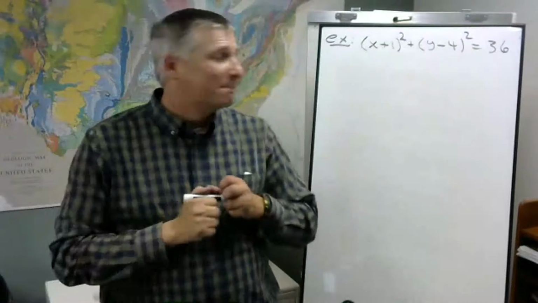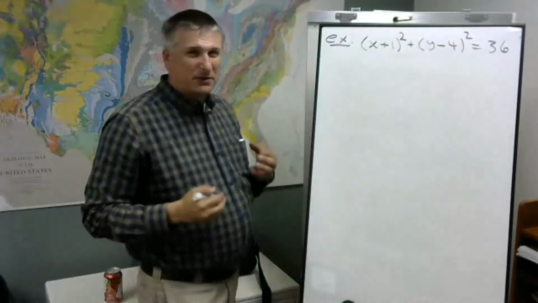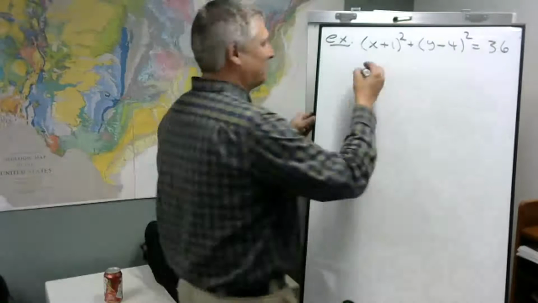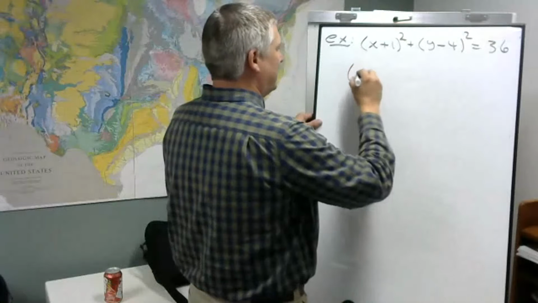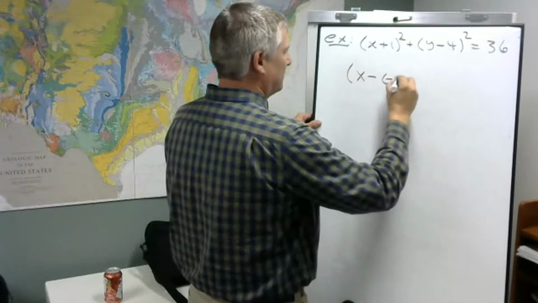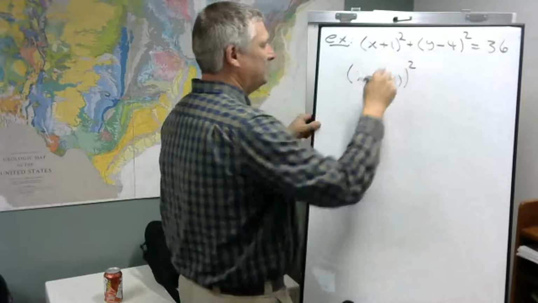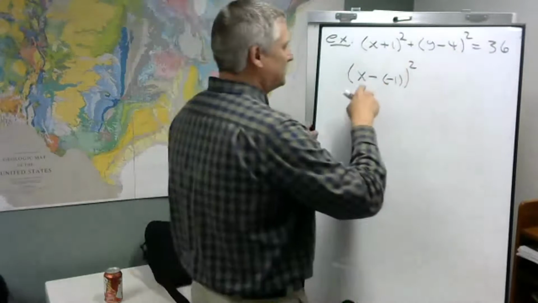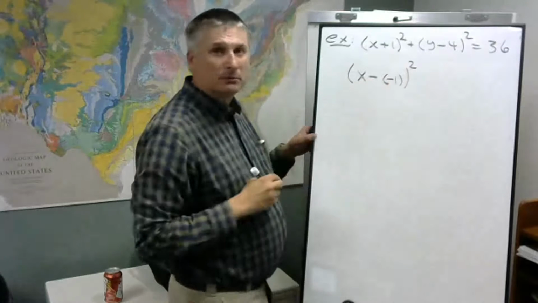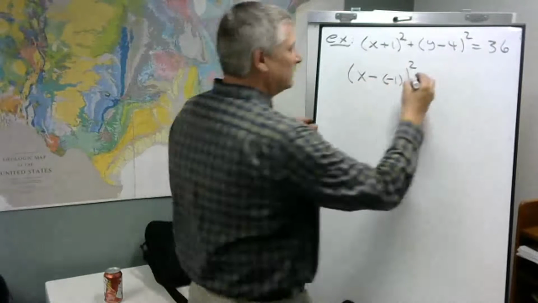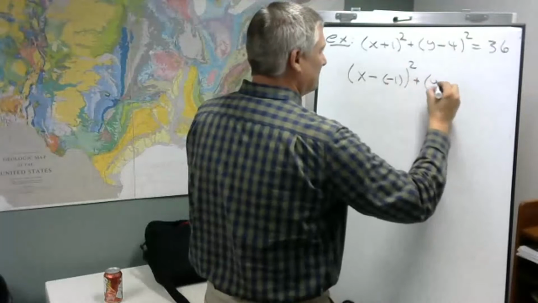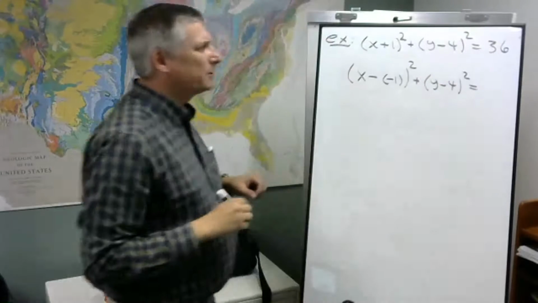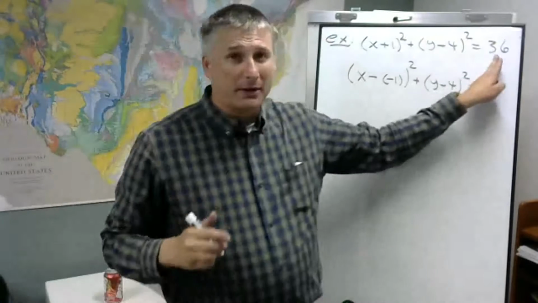Can we find the center? Well, we want to turn this into a form of x minus h and y minus k. We can do that by noting that plus can be rewritten as subtracting a negative. So that gives us an x minus h, and then y minus 4, and then we want to rewrite this as a number squared.